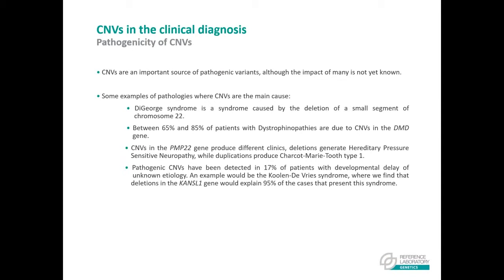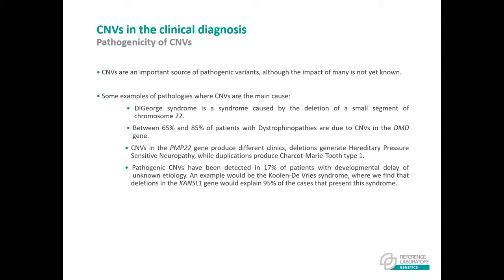A strange effect in the phenotype related to a copy number variant event is seen with the PMP22 gene, where, depending on whether it presents a duplication or a deletion, we find different clinical phenotypes, being Charcot-Marie-Tooth type 1 or hereditary neuropathy with liability to pressure palsies, respectively.